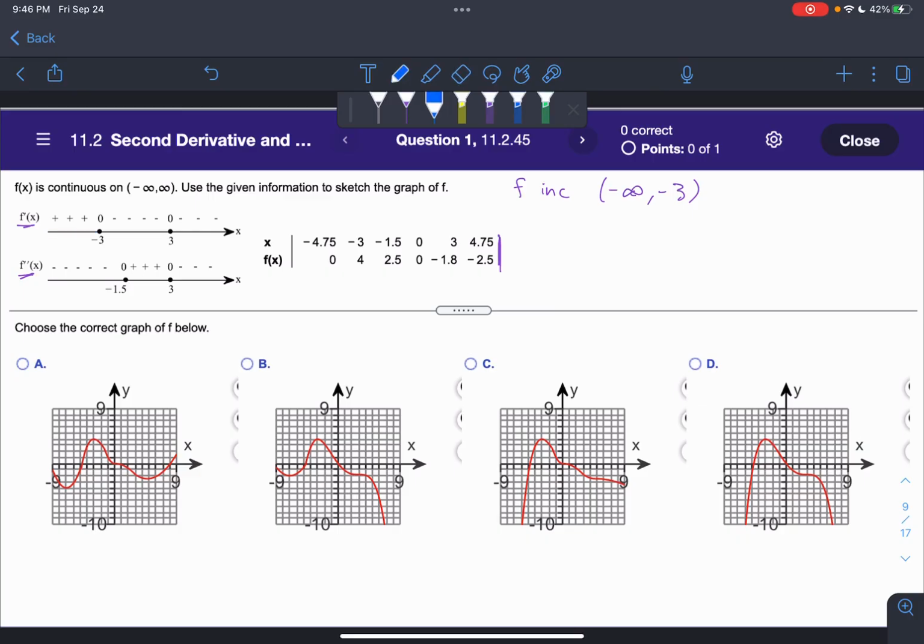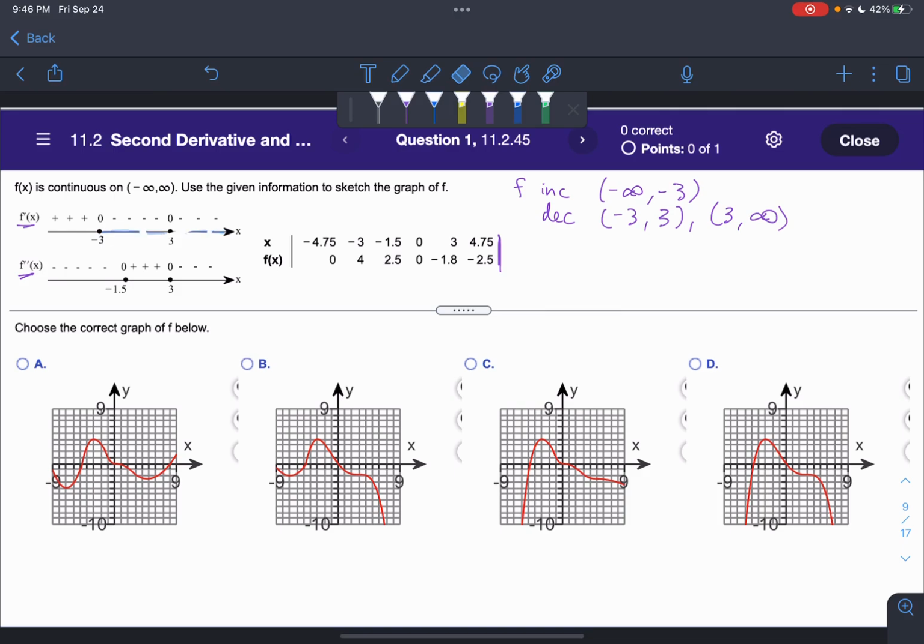Conversely, notice that we're negative in between here, so that means my f is decreasing on the intervals from negative 3 to 3, and then 3 to positive infinity. All right, so that's a few pieces of information we can get from our first sign chart.